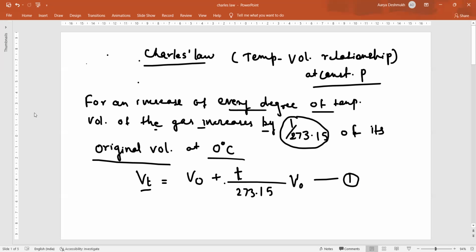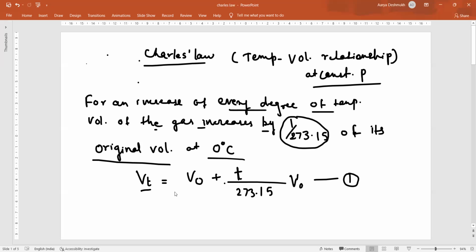So here the statement says that for an increase of every degree of temperature, volume of the gas increases by this much amount, 1 divided by 273.15 of its original volume at 0 degrees Celsius. So whatever is the volume, that will be V0, the original volume at 0 degrees Celsius.